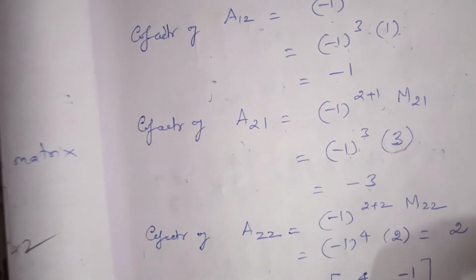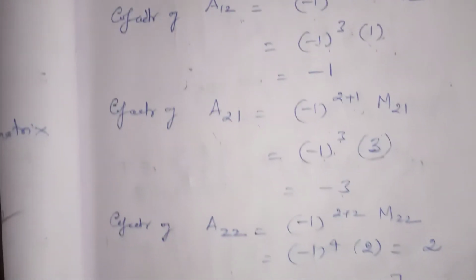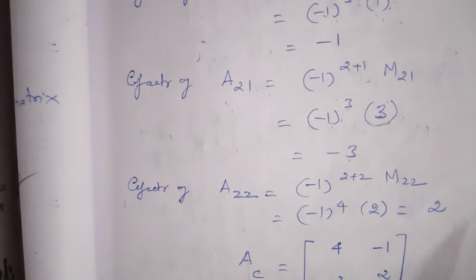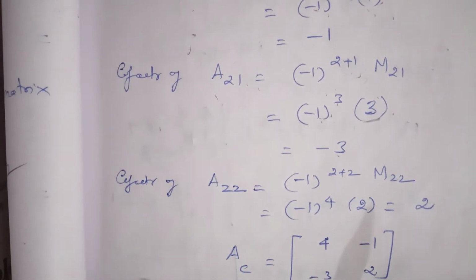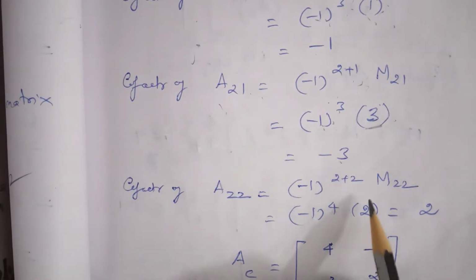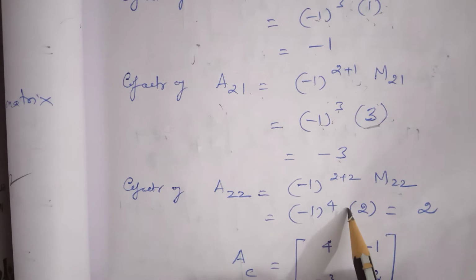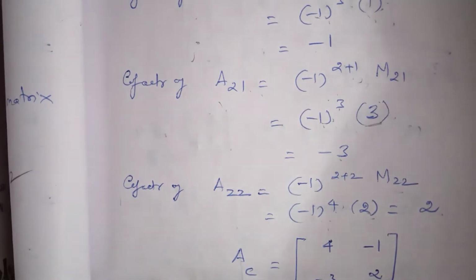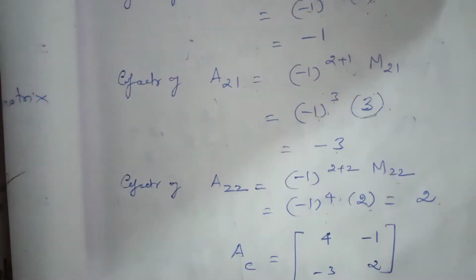Next, the cofactor of A22 is minus 1 power 2 plus 2 into M22. Minus 1 power 4 into the minor value 2. Minus 1 power 4 is 1, and 1 into 2 is 2. So this is the A complement value.